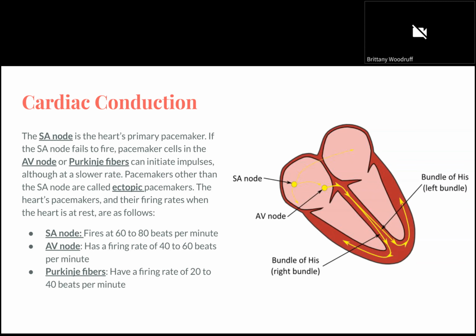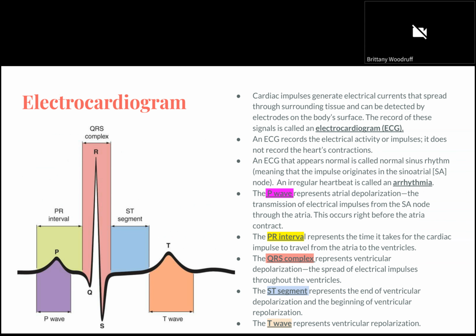Now we do have a way to measure this electrical conduction within the heart. If you've ever heard of an ECG or an EKG, this is what it is measuring. It is measuring the path of that electrical impulse. I do not expect you guys to be able to read an ECG. This is just for your information.